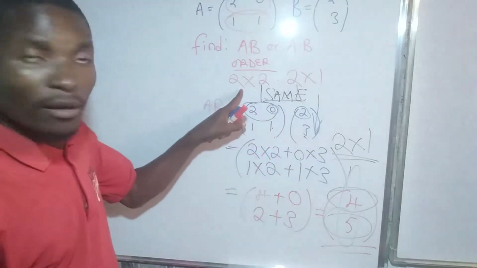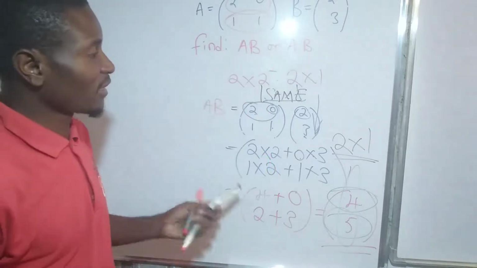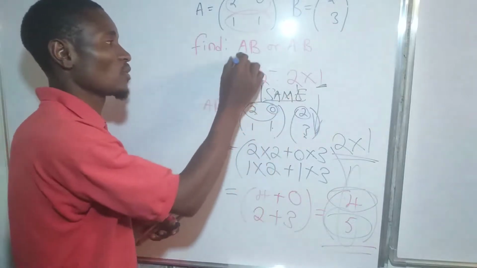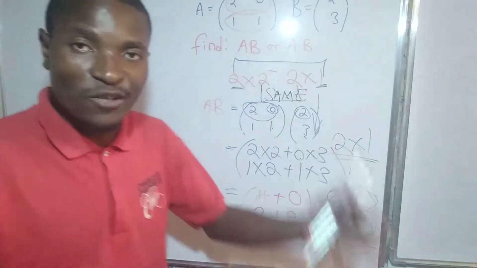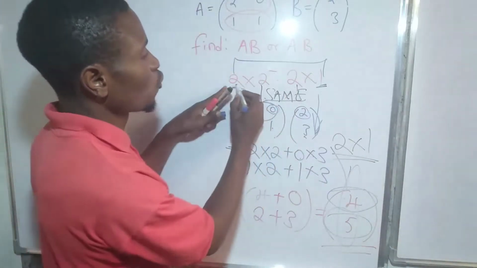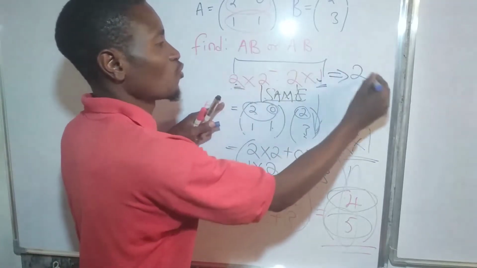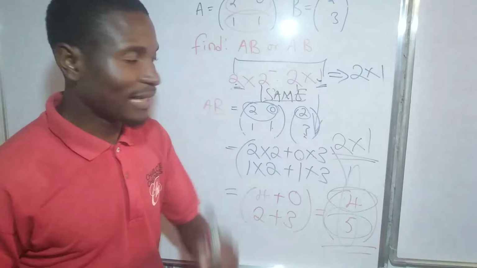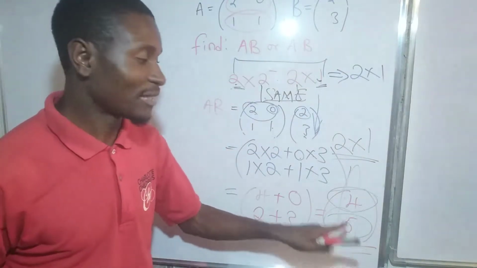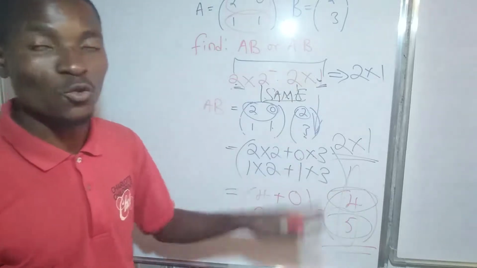Now when you go back to this one, you discover that this number and that number give you the idea that your answer should be 2 by 1. That is what we have just done, and we have confirmed that indeed the order of the final answer is 2 by 1.